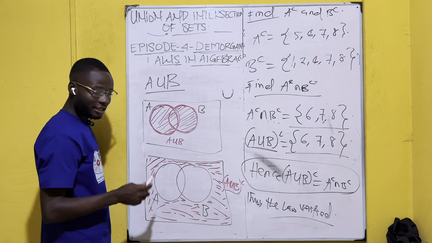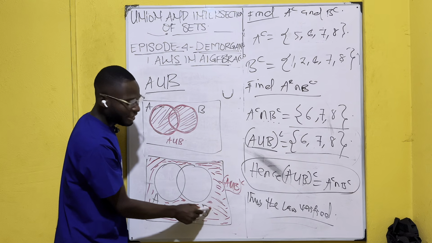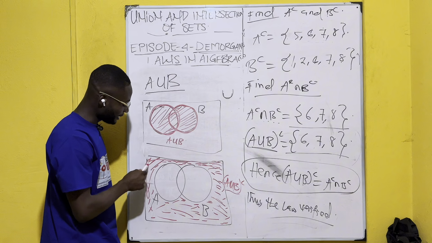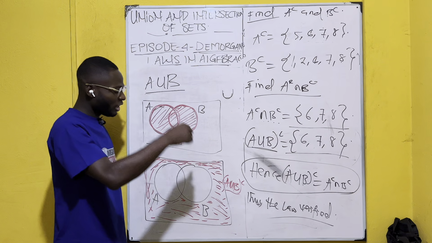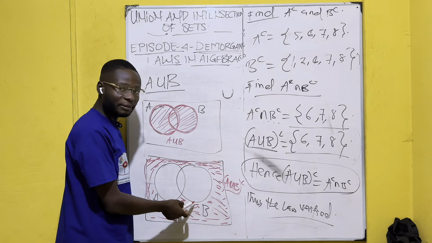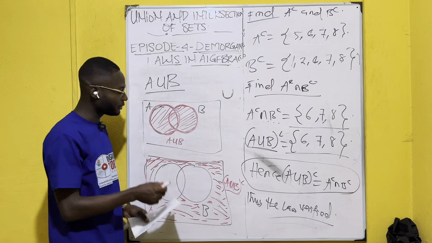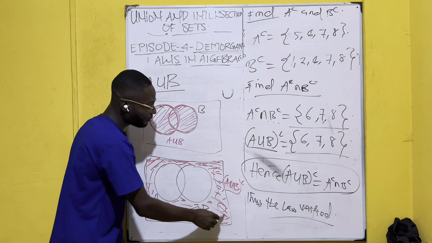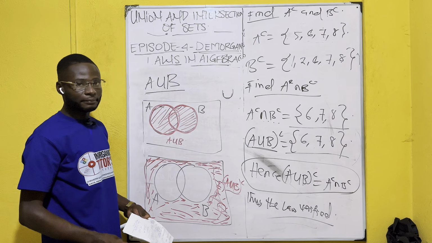So you can see that all this section, let me call them some guys, we are making a project, right? These guys decided not to be part of set A, neither would they be part of set B. So we call them complement. So the A union B complement is this section of the diagram.